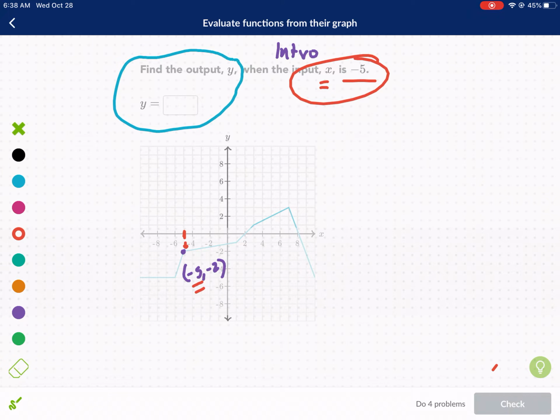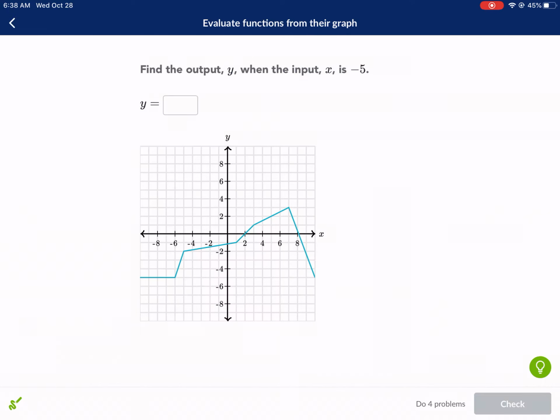Remember, that was our whole point. We're trying to see, where is the graph at x equals -5? We're evaluating the function, that's what the title is, at x equals -5. And we see that we get a y value of -2. It just wants us to find, when x equals -5, what does y equal for this particular graph? And it's -2.